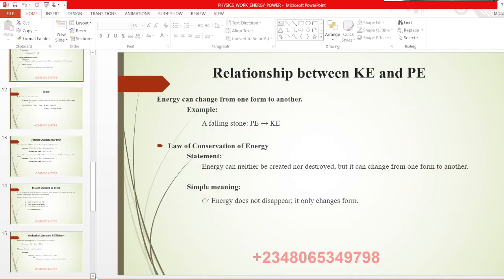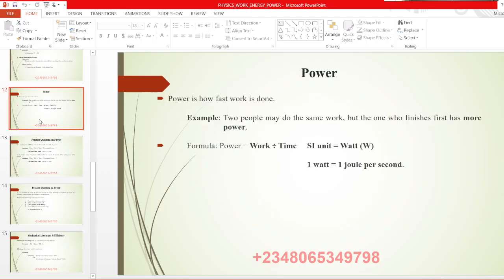We have discussed work. We have also discussed energy, which is the ability to do work. And energy has different types: kinetic energy and potential energy. The energy of movement is kinetic energy, and the energy of height is potential energy. So we're going to what is called power. Power is defined as how fast work is done.